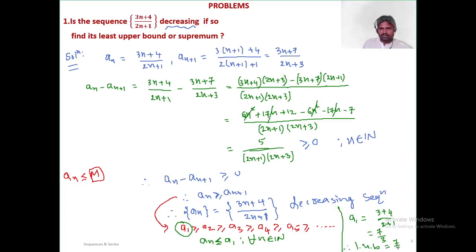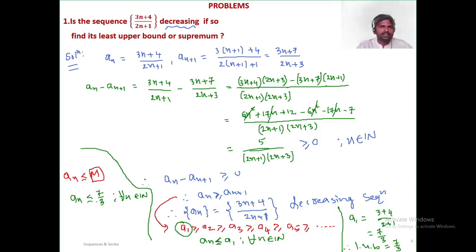That's it. Each and every term of the sequence an is less than or equal to 7 by 3, true for all n belonging to the natural number set. Whatever n you take, each term will be bounded by 7 by 3. Therefore 7 by 3 is the supremum.